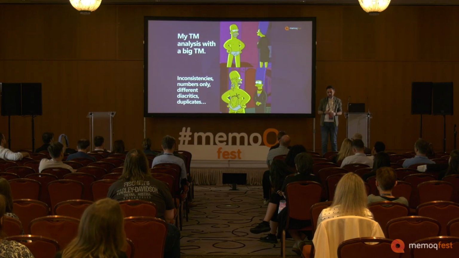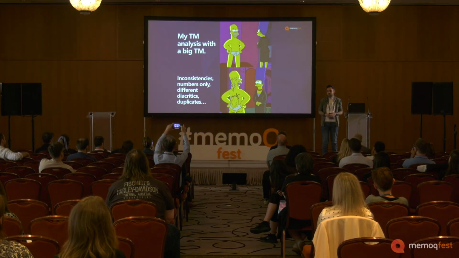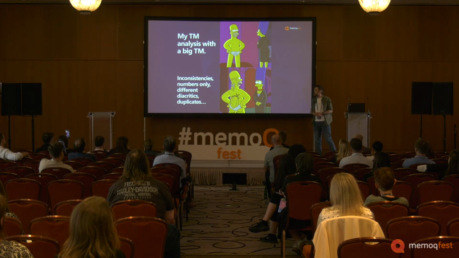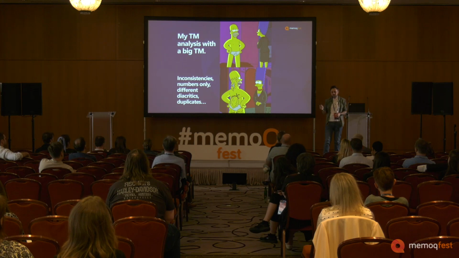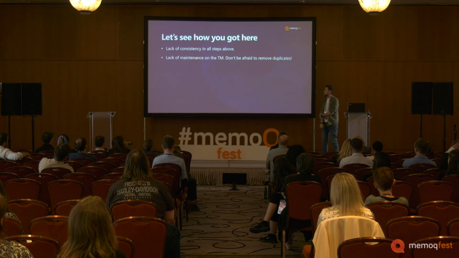And let's address the elephant in the room. I'm calling it an elephant because it's the translation memory, which usually is huge. And you have a super cool analysis, but actually you have so many other problems in your translation memory. How do you get there? There are so many reasons. Consistency, you don't do maintenance.